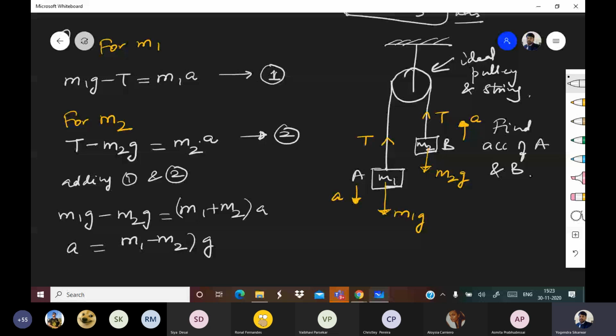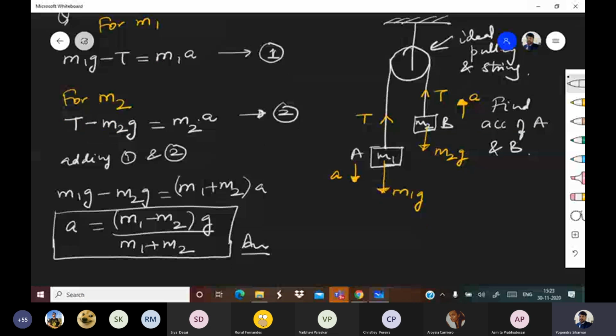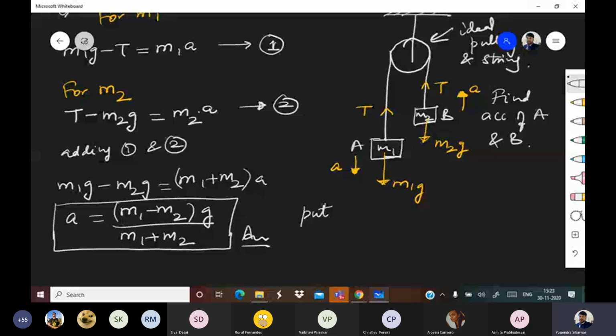Now, if you put the value of A in either of the two equations, first or second, you will get the answer of T. So by putting the value of A in equation 1, we get, and I am writing the answer directly, T is equal to 2 M1 M2 G upon (M1 plus M2).